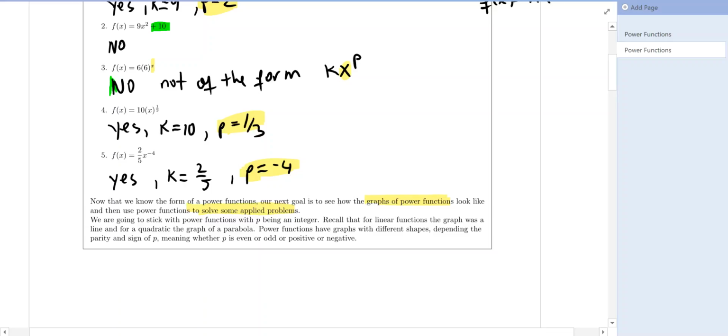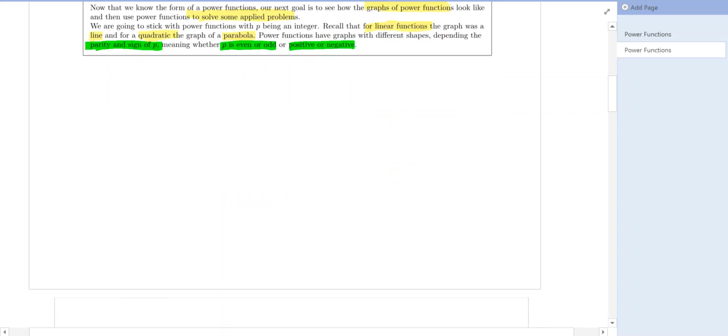For linear functions, the graph was a line, and for quadratic, it was a parabola. We'll see that power functions have different graphs depending on the parity and sign of p. What do I mean by that? The parity means if p is even or odd, and the sign means if it's positive or negative. We'll see what we mean by that on the next page.